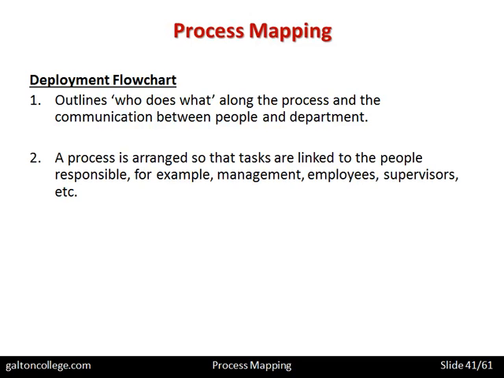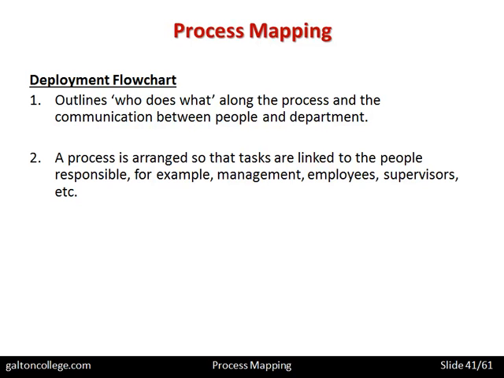A process is arranged so that tasks are linked to the people responsible, for example management, employees, supervisors, etc. So the process should be arranged so that the right people are involved at the right stages. That the manager is involved perhaps at the decision stage, but the workers are involved during the manufacturing or the polishing or the packaging or the distribution, whatever it is.